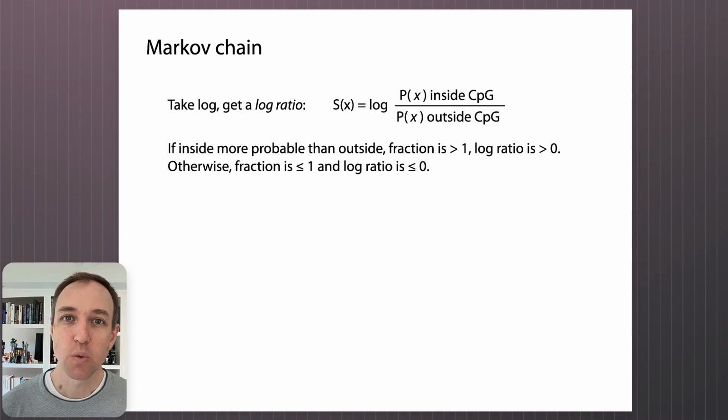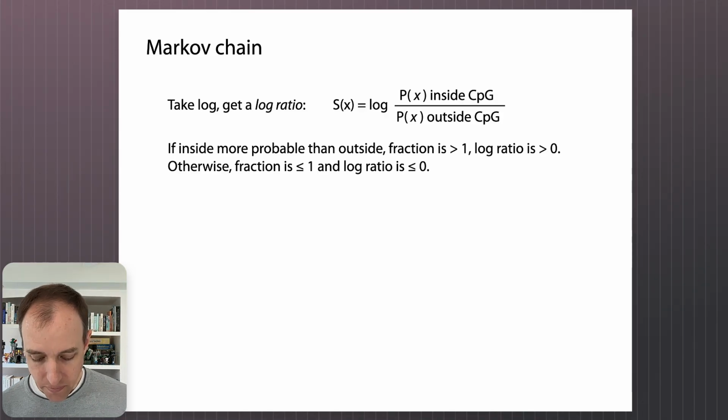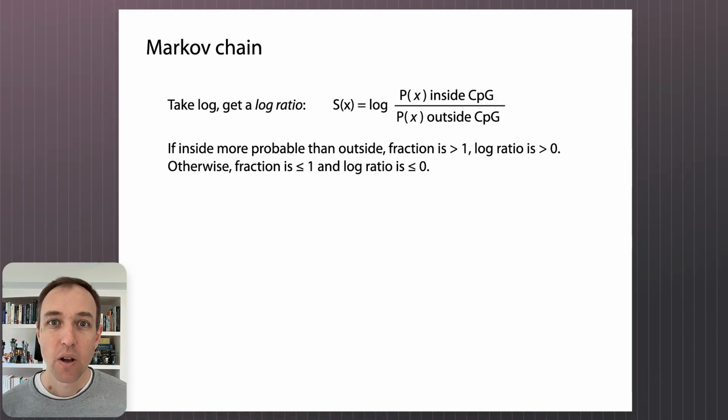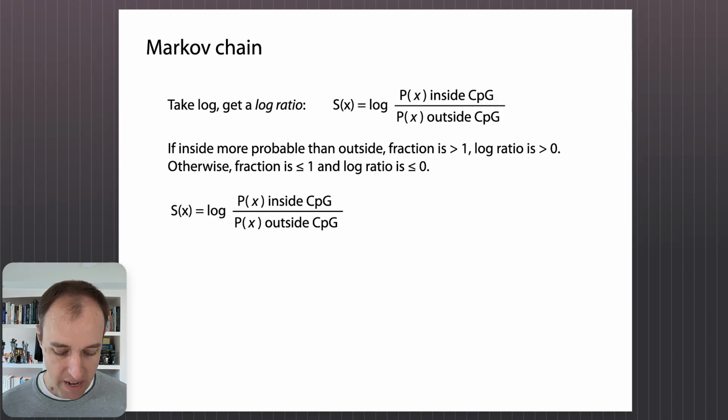The log ratio would be -1. Okay? All right. So let's just say that the score that we're going to use to decide whether a sequence seems to come from inside or outside is going to be this log ratio. Right, the log of the ratio of the probability of the sequence under the inside model over the probability under the outside model.